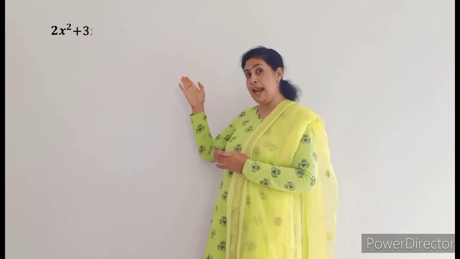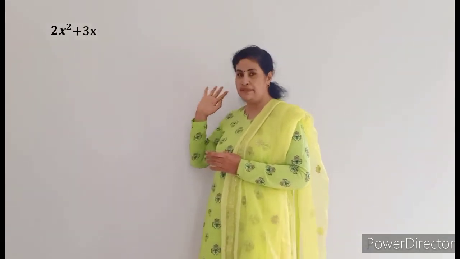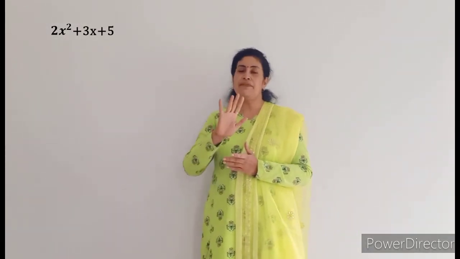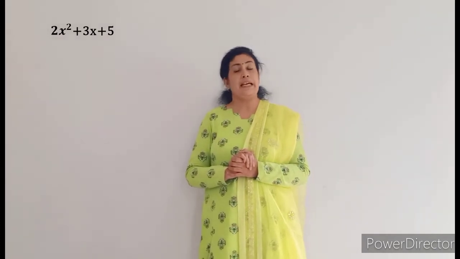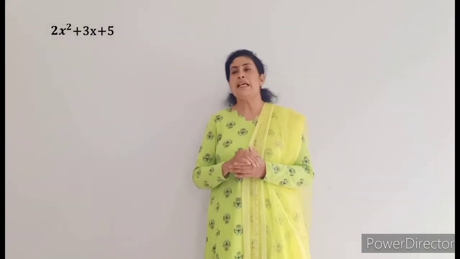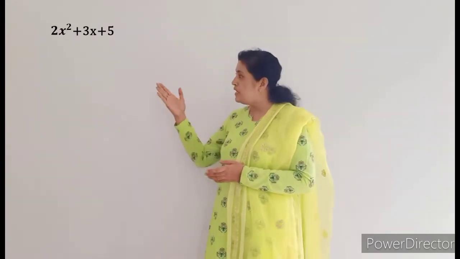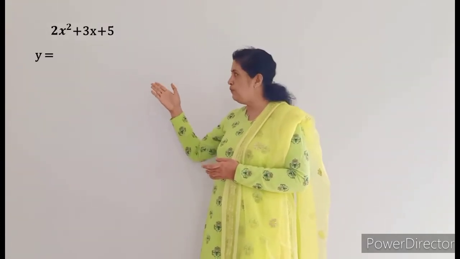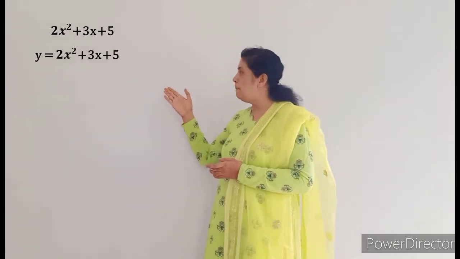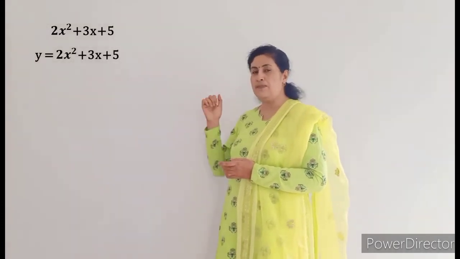To understand, let us take one simple function, say 2x square plus 3x plus 5. If this is your function, then how do we represent it? Suppose we represent it by the small letter y. Say y is equal to 2x square plus 3x plus 5.